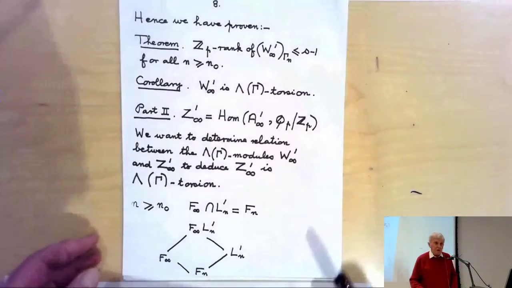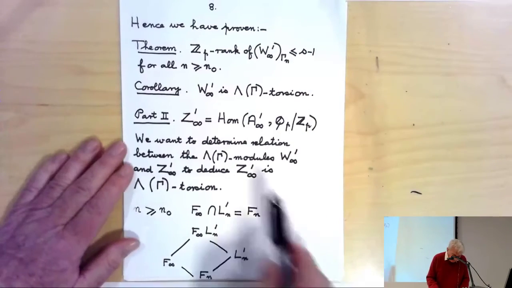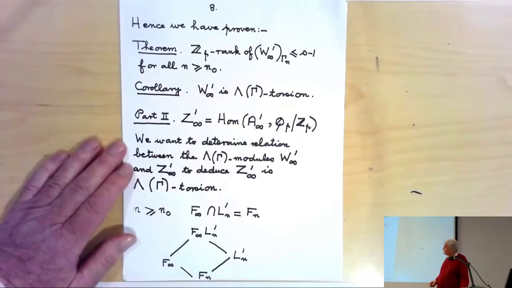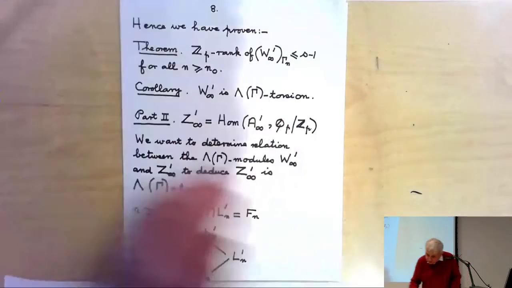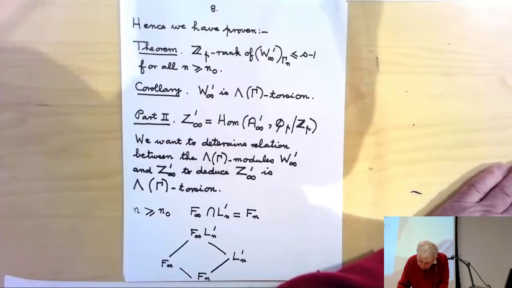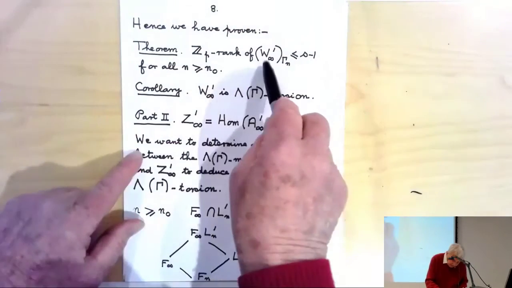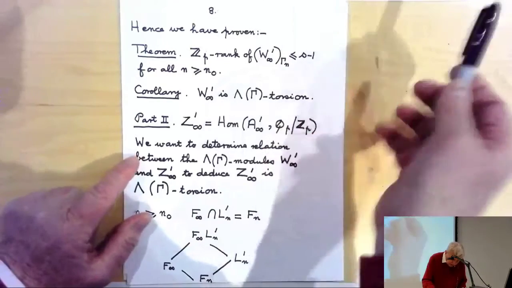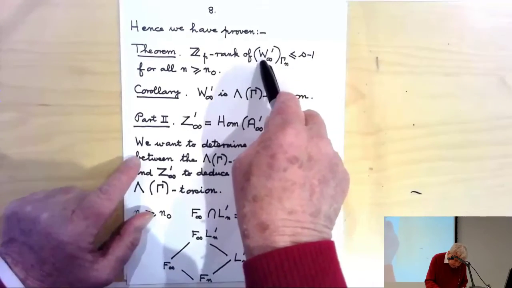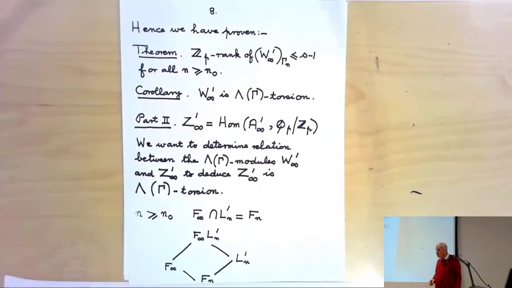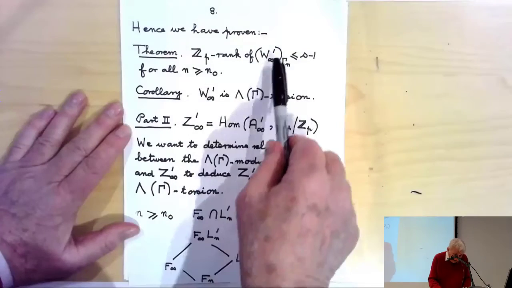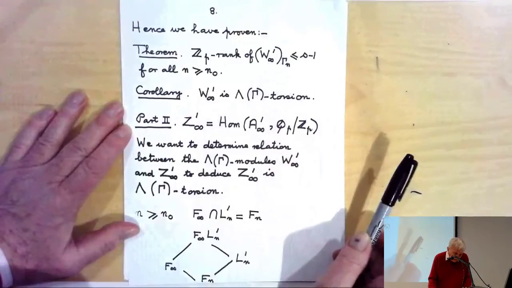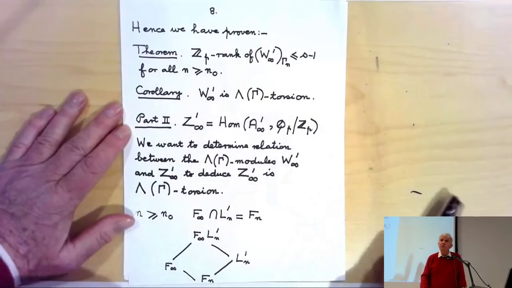So what we've actually proven by this is that for all n greater than or equal to n naught, the Zp rank, because remember this Galois group here is by the definition of the gamma action in fact the same as W infinity prime gamma n coinvariance, is at most S minus 1 for all n greater than or equal to n naught.